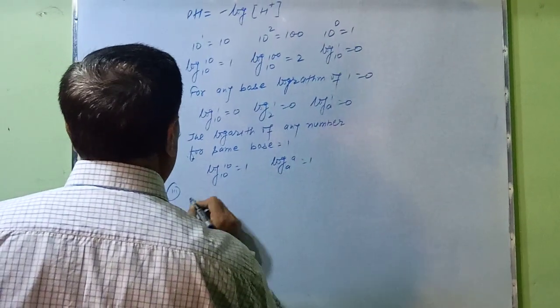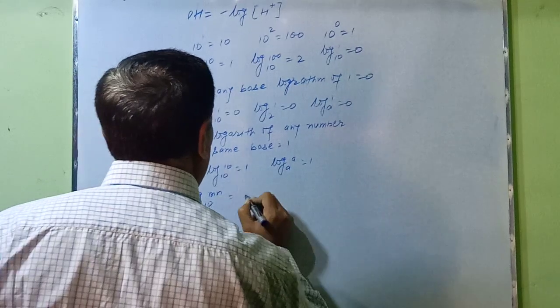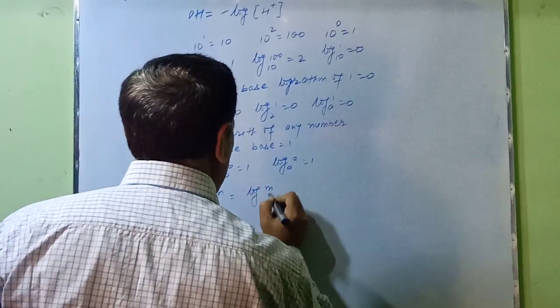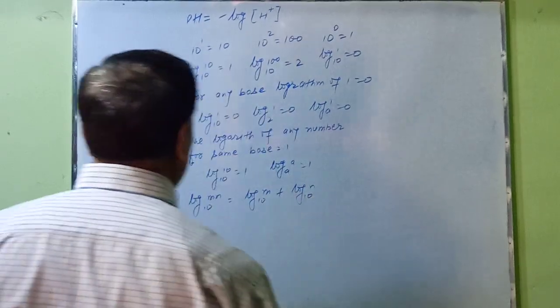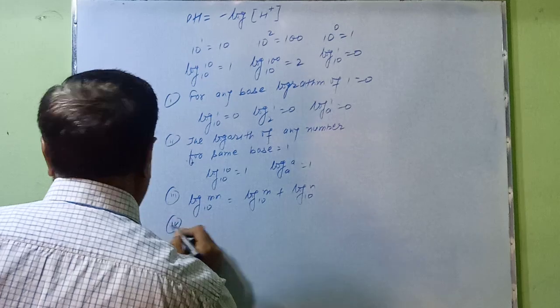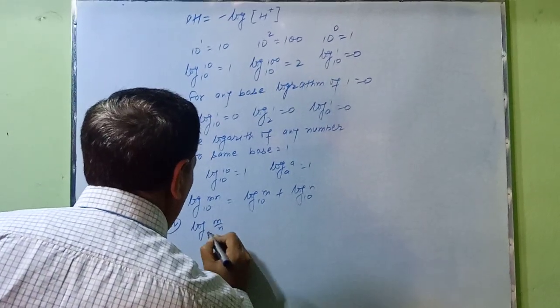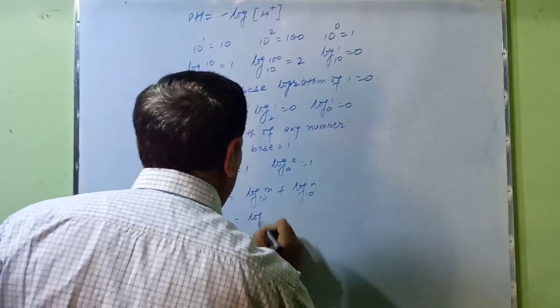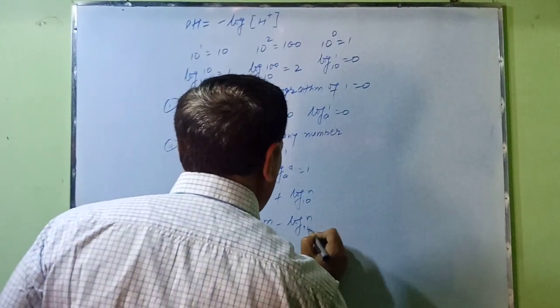Next formula, log m into n base 10 is equal to log m base 10 plus log n base 10. Log m upon n base 10 is equal to log m base 10 minus log n base 10.